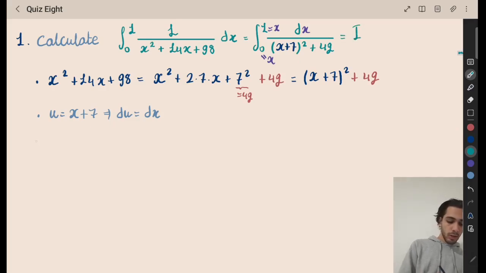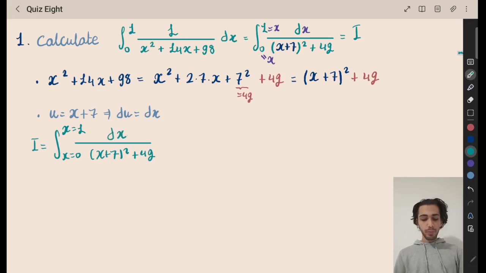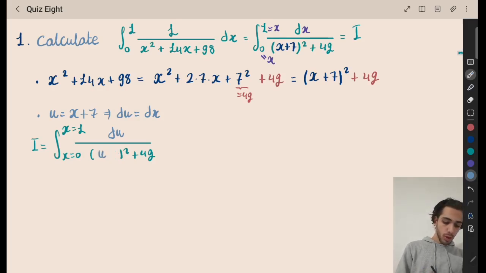So this is I. I is the integral from x is equal to 0 to x is equal to 1 of what? Of x plus 7 squared plus 49 dx. dx is equal to du, and x plus 7 is equal to u.